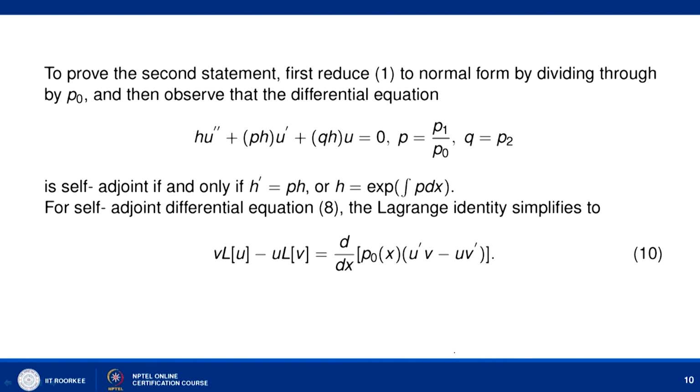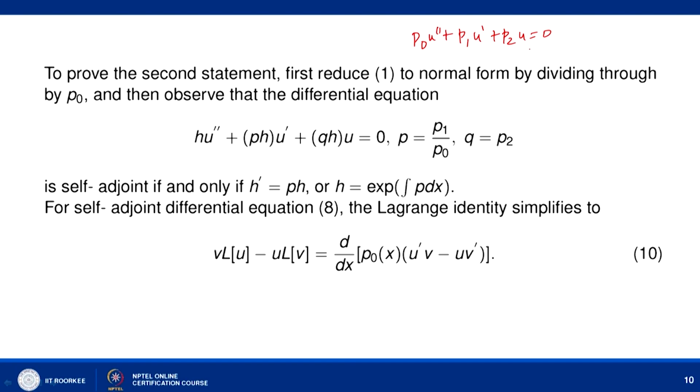So to prove the second statement, we assume that our equation, that is P naught u double dash plus P1 u dash plus P2 u equal to 0, is not given in self adjoint form. So it means that P naught dash is not equal to P1. So what we try to do here is multiply by some function, which we call the integrating factor.